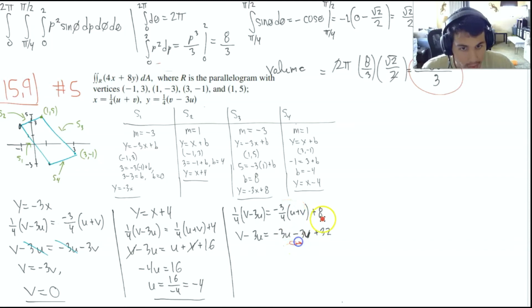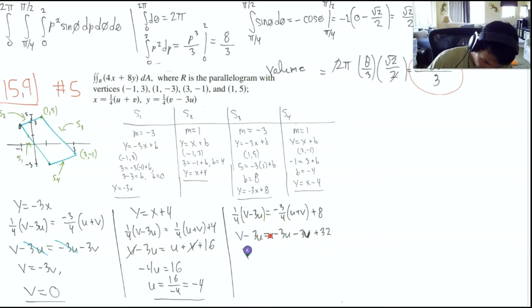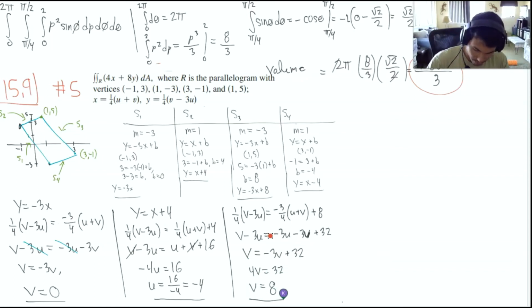That's why it's negative 3 over here. What do we have in common? We got negative 3u on both sides. We can get rid of them. Just write it as v is equal to negative 3v plus 32, which turns into 4v is equal to 32. Thus, v has to be 8. That is an important piece of information.